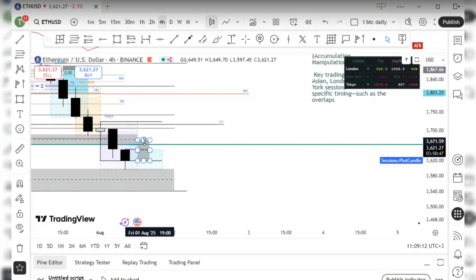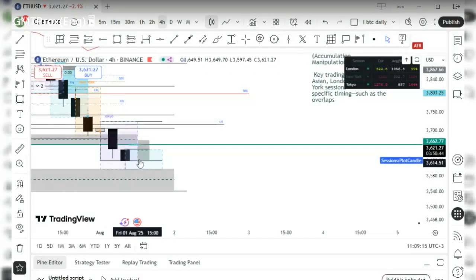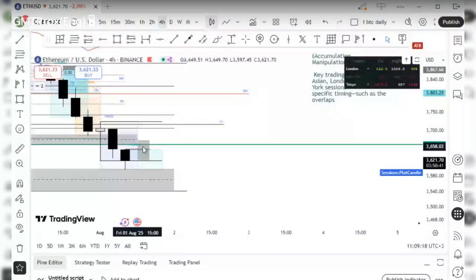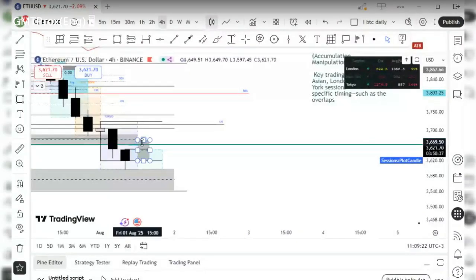So what it does is a bullish distribution, but we might see a bullish expansion, then we might see a retracement. So we focus on that retracement in a lower time frame. And that's where you now go to 15 minutes to see what 15 minutes is giving you.